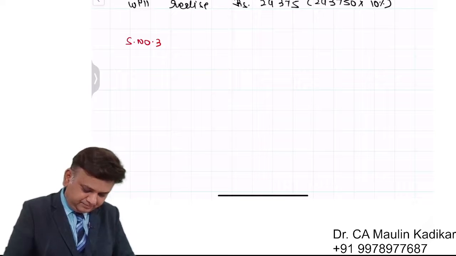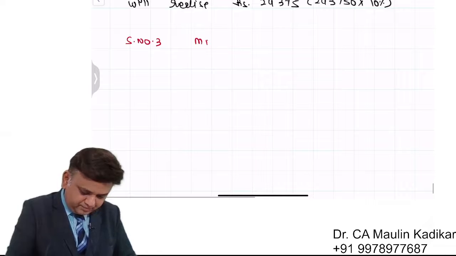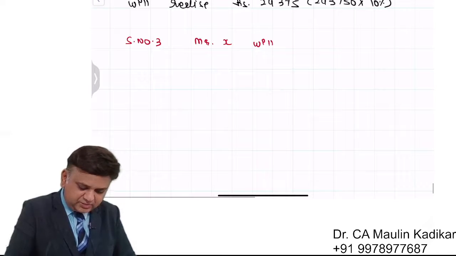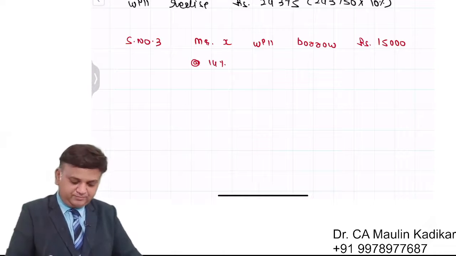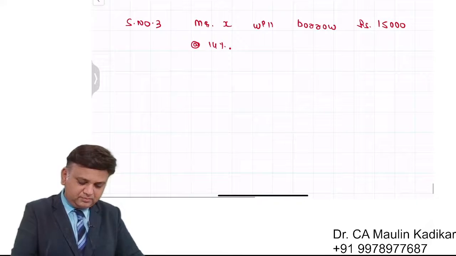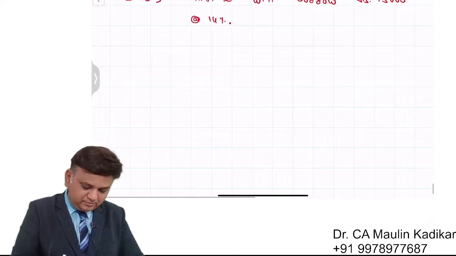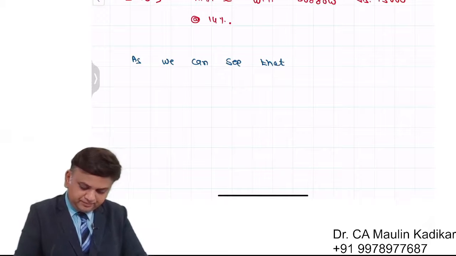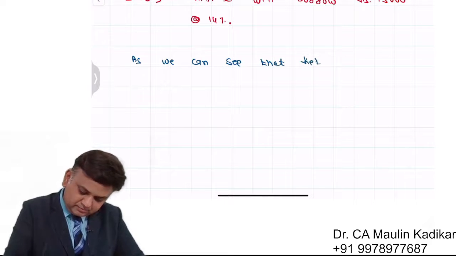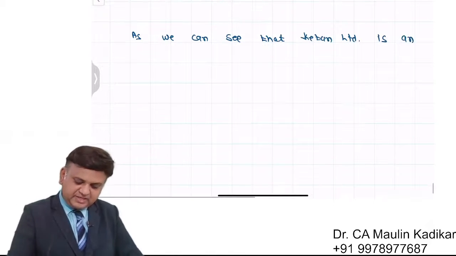Write on answer. Mr. X will borrow rupees 15,000 at the rate of 14%. Full stop. With paragraph write down, as we can see that Ketan Limited is an unlevered firm.